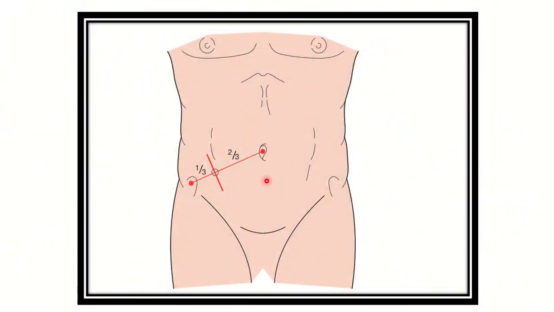It is the junction of a line which connects the anterosuperior iliac spine and umbilicus, at the junction of the lateral one-third and medial two-thirds. And the pain during appendicitis usually settles at the McBurney point. Now in this figure, this is the anterosuperior iliac spine, and this is the umbilicus, and the McBurney point is located at the lateral one-third and medial two-thirds of the line. And here we can see the incision point for appendicectomy operation, and it is perpendicular to this line, that means 90 degrees to this line.